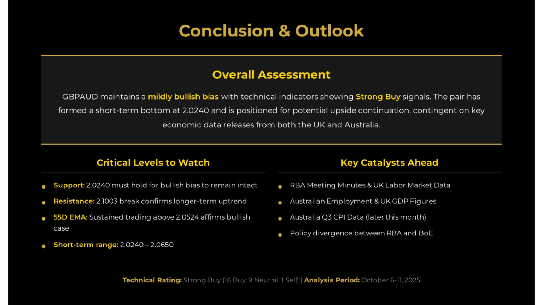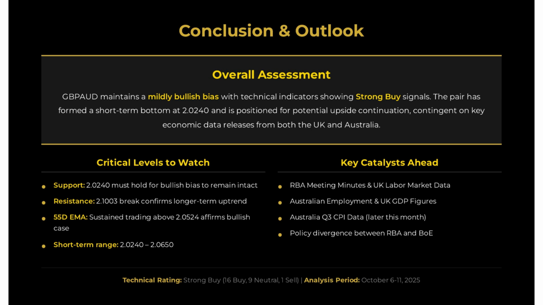The 55-day EMA at 2.0524 is also crucial, with sustained trading above this level affirming the bullish case. The short-term trading range is 2.0240 to 2.0650.